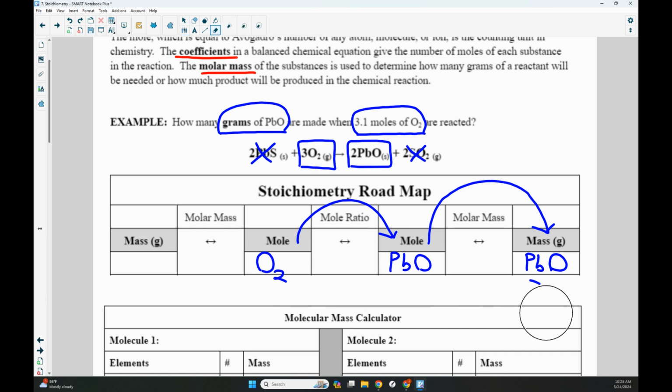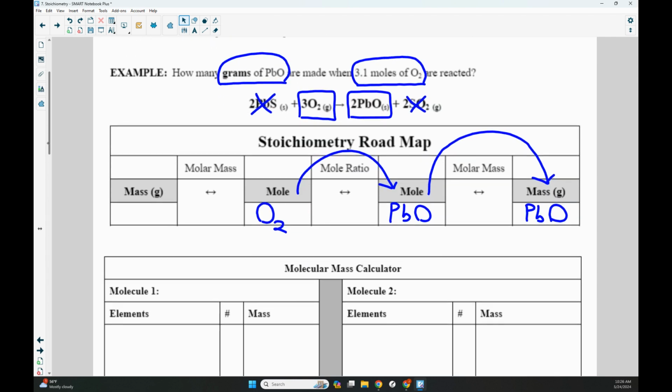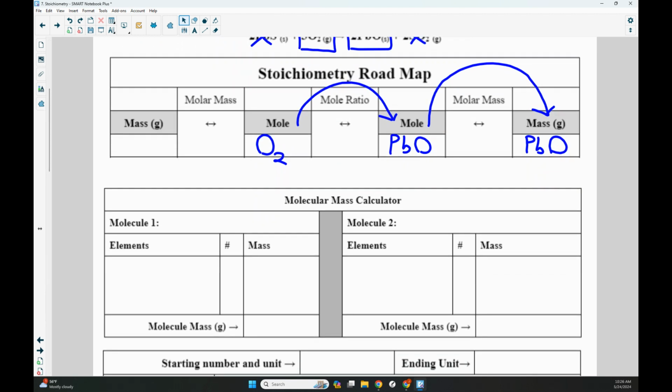All right, so once again, we're converting from moles of oxygen to moles of PbO, and finally into grams of PbO. So we are going to need to calculate the molar mass of lead oxide. And the way that we do that, you might recall from earlier in the year, is to take the components of lead oxide and simply add their masses together, and we get those masses from the periodic table. So we've got one lead in this compound, and we've got one oxygen.